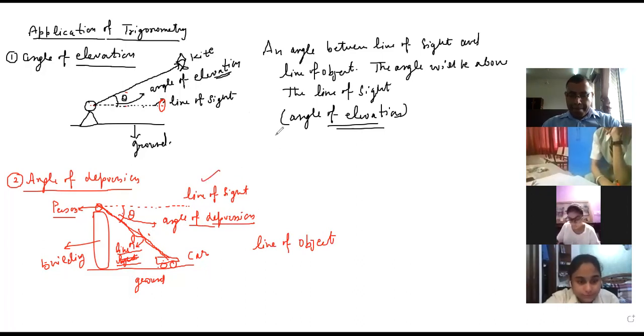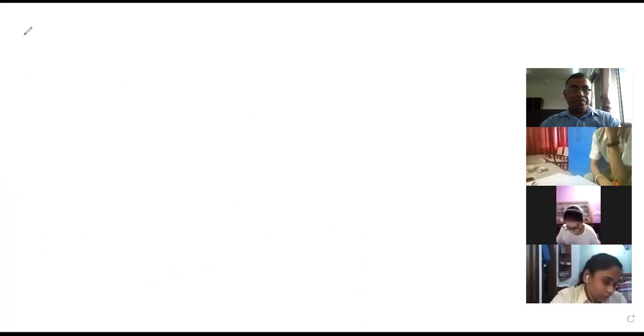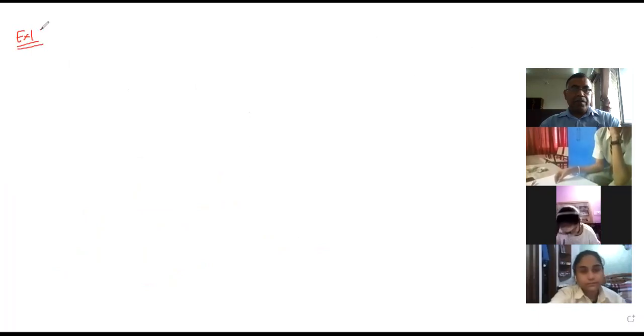Okay, sir. I'm going to discuss with you the first example now from the NCERT. Example 1. A tower stands vertically on the ground. अब देखिए एक टॉवर है.